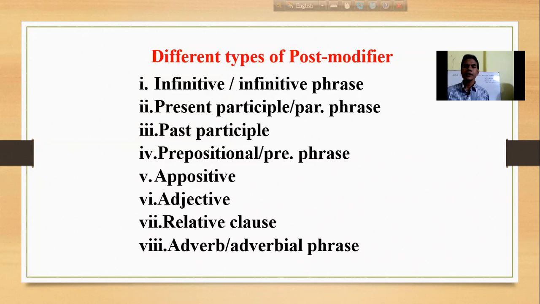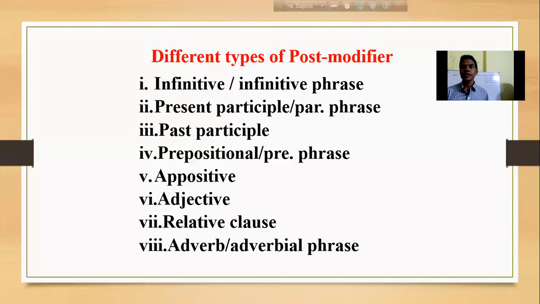These are the kinds of post modifiers. First of all, we must know about these types of modifier and the structure of these modifiers. At first, I like to tell you about infinitive.